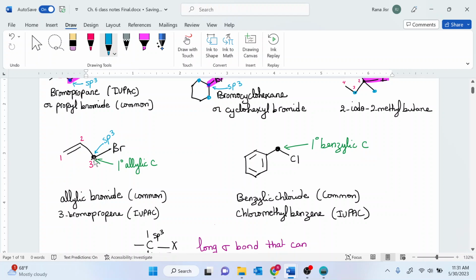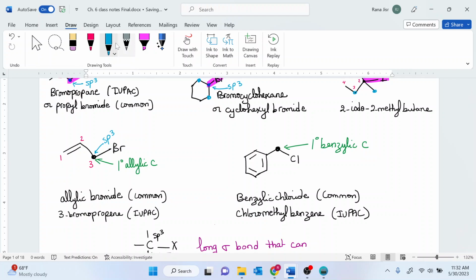Whenever you want to determine where your allylic alkyl halide is, you number your double bond, and if your halogen is placed on carbon number 3 of the double bond, then this is the allylic carbon, and the bromine on it is going to be the allylic bromine because it is on the allylic carbon.